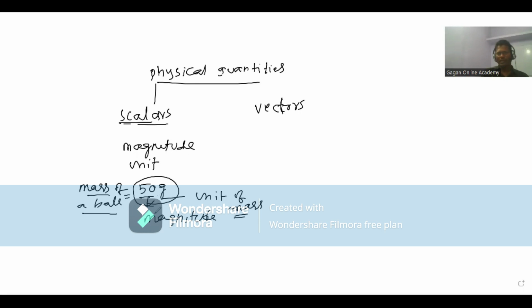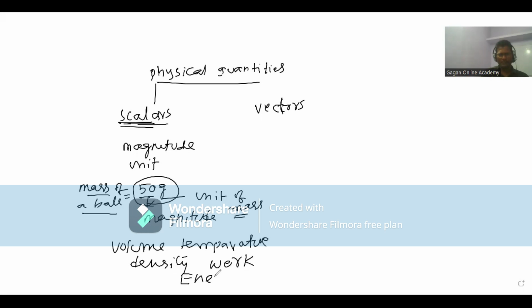So these type of quantities are called scalars. I am writing some more examples. Volume, temperature, density, work, energy. These are examples for scalars.